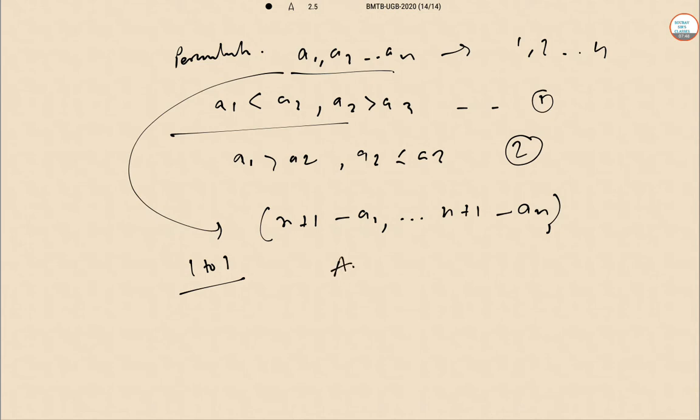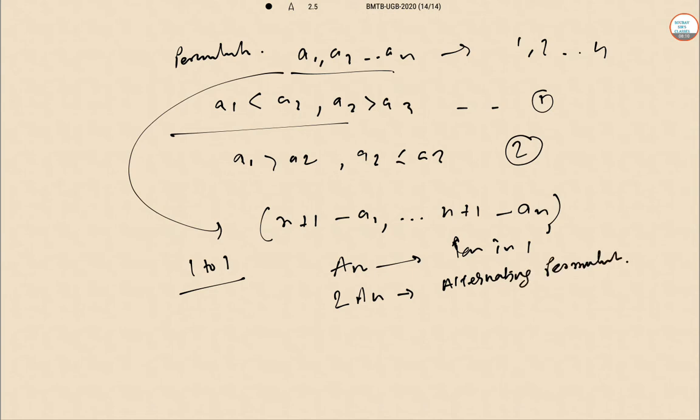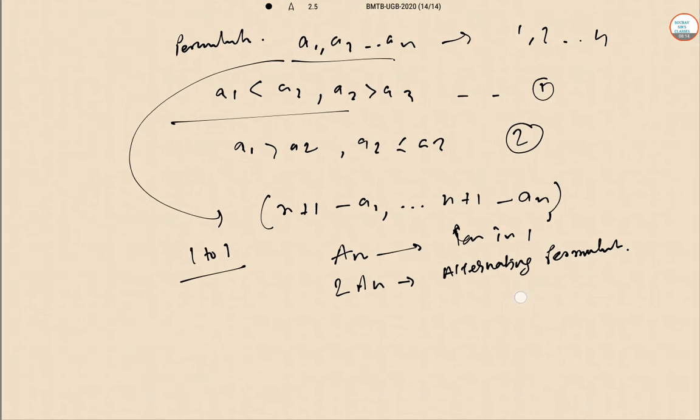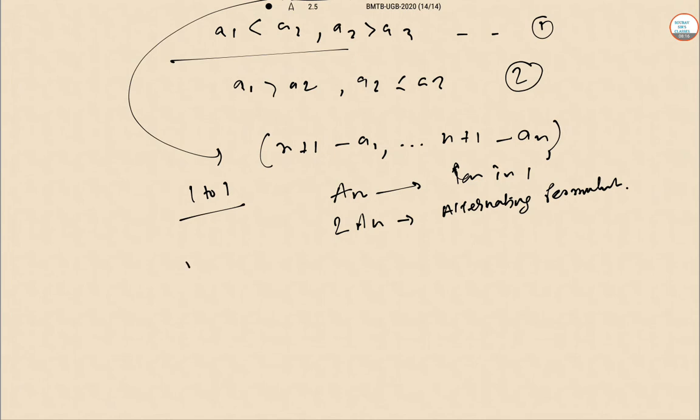Now let an denote the number of cases in 1. So 2an is the number of alternating permutations we have, just the double. Now we need to consider an alternating permutation a1, a2 dot dot dot an.